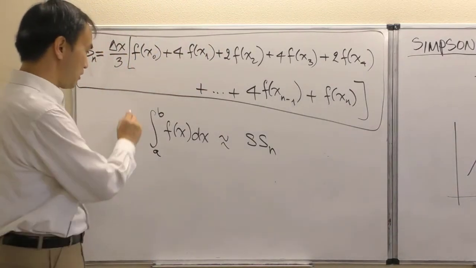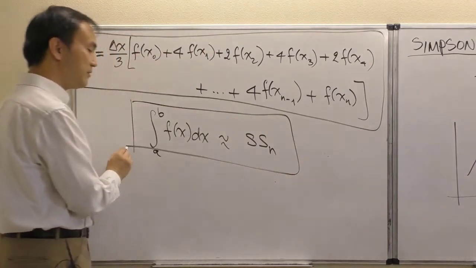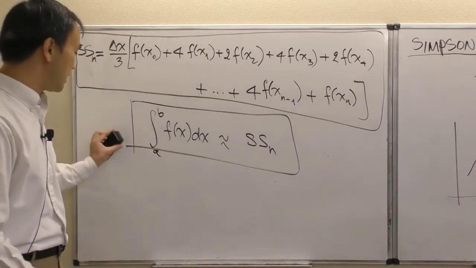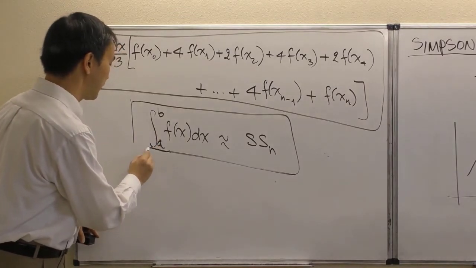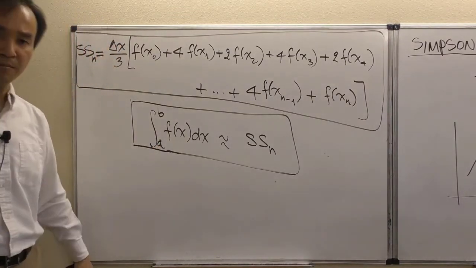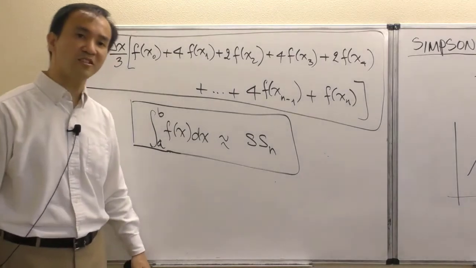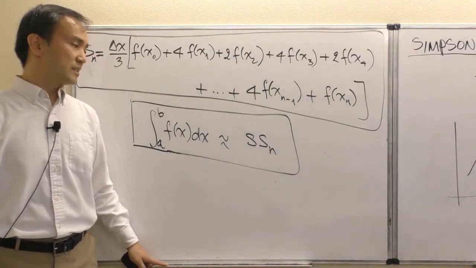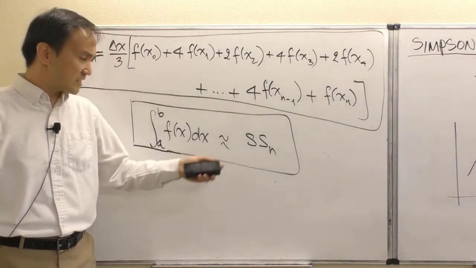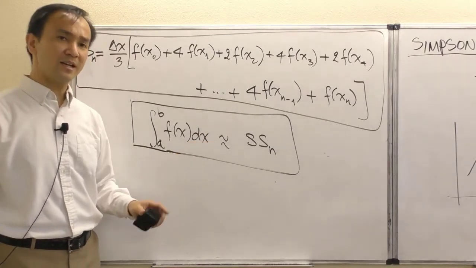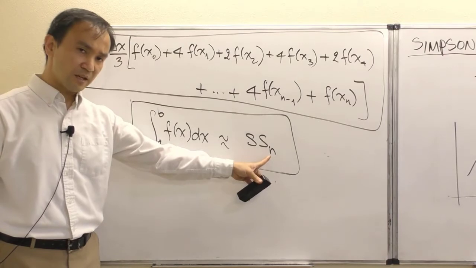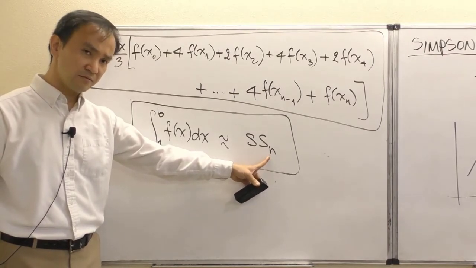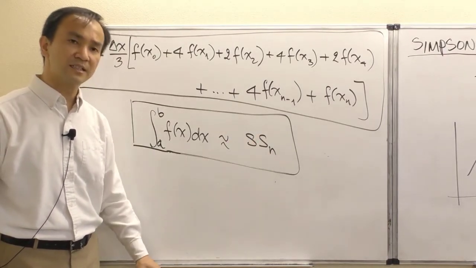That's another thing to constantly keep in mind, to constantly remind yourself. About any approximation method, the answer we have is only an approximation. It's only getting close to. Later on we will explore again that the more we increase n, the better approximation we're going to get.